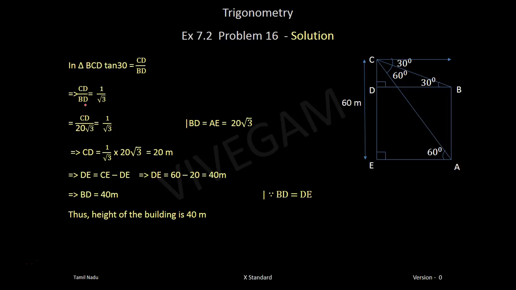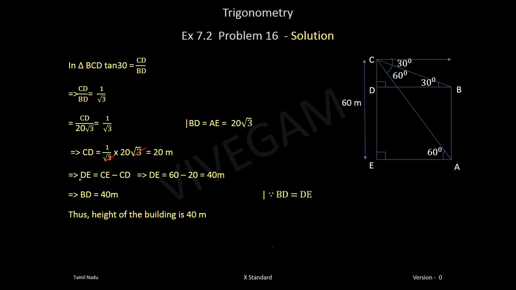We calculated AE in the previous triangle, and AE and BD are equal. So the equation becomes CD divided by 20 root 3 equal to 1 by root 3. So CD will be 20 root 3 by root 3, the root 3 and root 3 get cancelled, and we get CD as 20 meters.